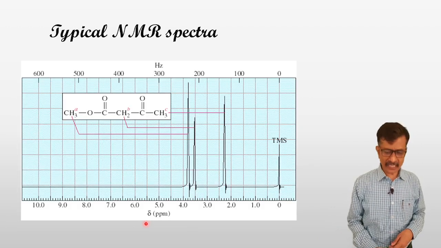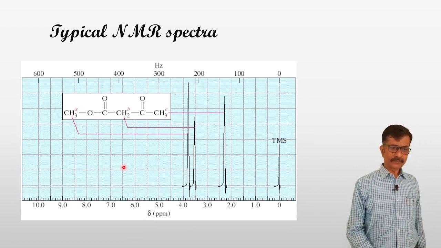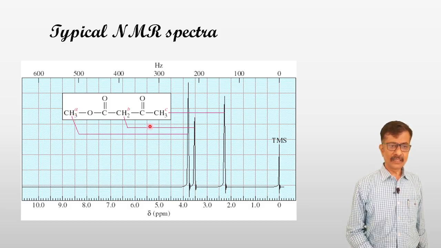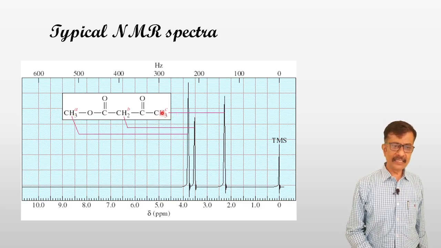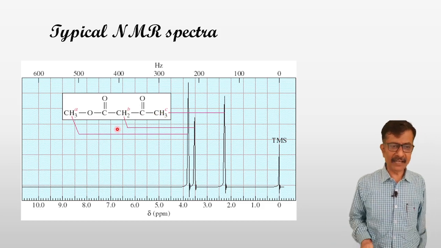Now this is a typical NMR spectrum. You can see the NMR spectrum of this compound. See here, this CH3: these 3 protons are in one chemical environment. This other CH3 is in a different chemical environment, and the CH2 is again in a different chemical environment.